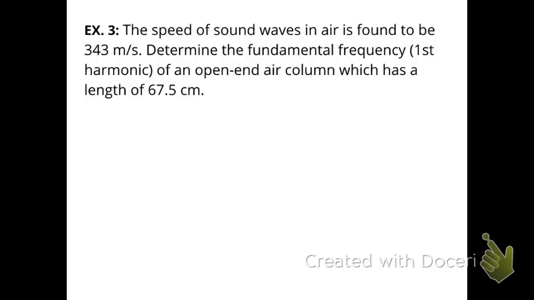There we go. The speed of sound waves in air is found to be 343 meters per second. We're going to determine the fundamental frequency, or the first harmonic, of an open-ended air column which has a length of 67.5 centimeters. So if this is 67.5, we know that what we're dealing with here is this.